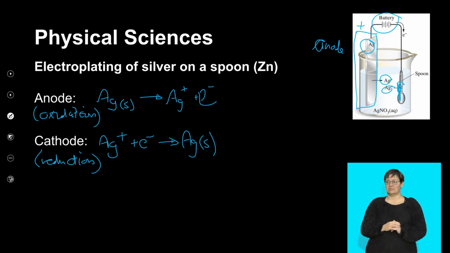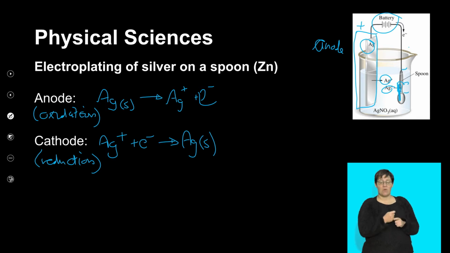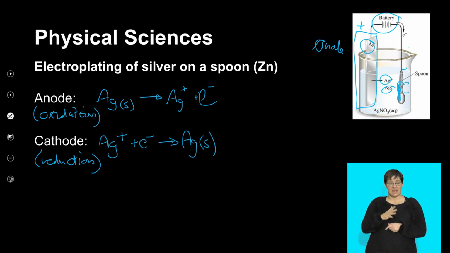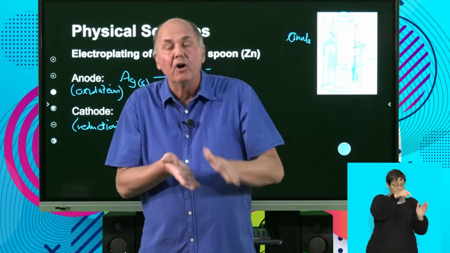And over here, there is a supply of electrons that's going to drive the cathodic reaction. And because these ions are being used up, we want more ions into the solution, that drives that reaction. So the two work together to produce this plating of silver on the spoon.